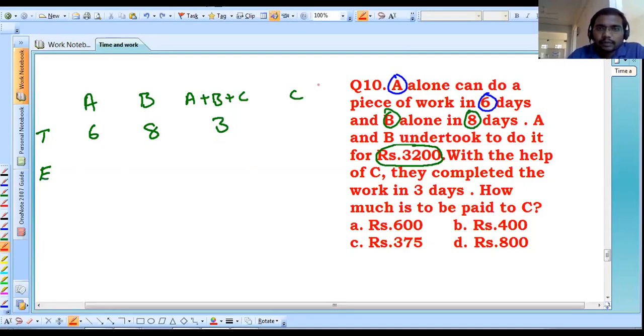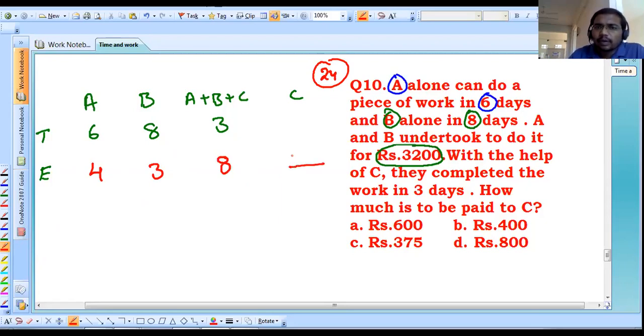LCM is how much? 24. A completes it in 6 days, that means every day he will complete 4 units. B will complete 3 units. A, B, C will complete 8 units.